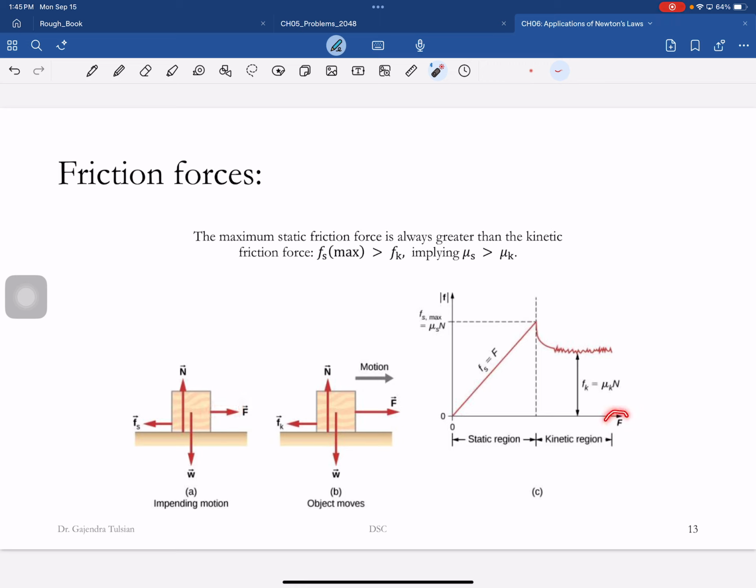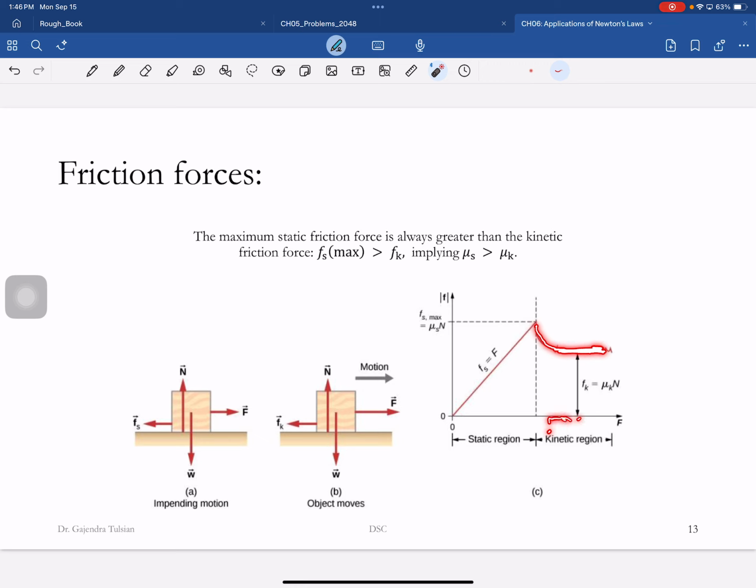So that's what this graph is. Here's the applied force and this is the friction force. When the force is smaller than that, in our case smaller than 125 newtons, the static friction force was equal to the applied force and the object didn't move. Once you applied a force greater than that, the object started moving, and then the friction force was kinetic friction force, and that is constant.